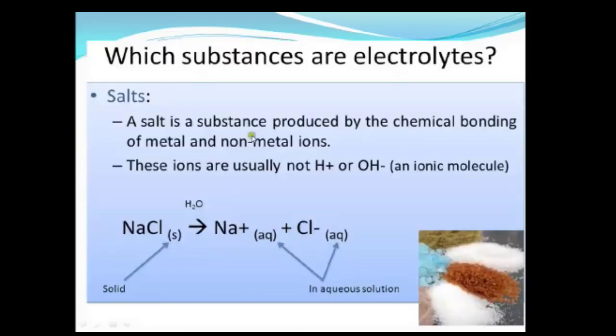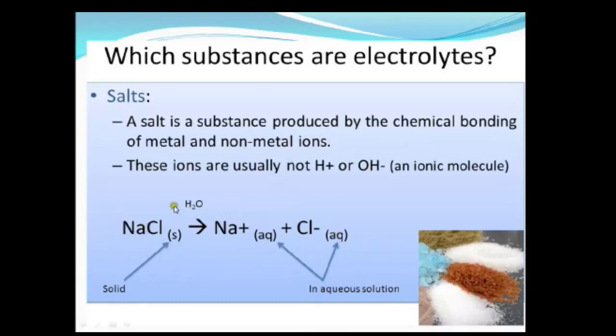Furthermore, the compound which we are using as an electrolyte in the electrolytic solution is the salt sodium chloride. Salt is a substance which is produced by chemical bonding of metal and non-metal ions, as we are all aware, and these ions are usually not H plus or OH minus, but they can give you the sodium ion and the chloride ion.